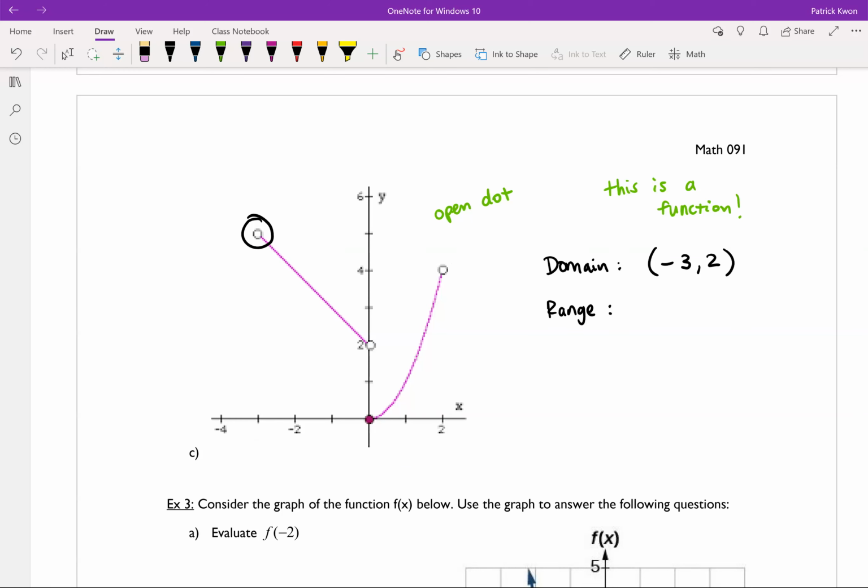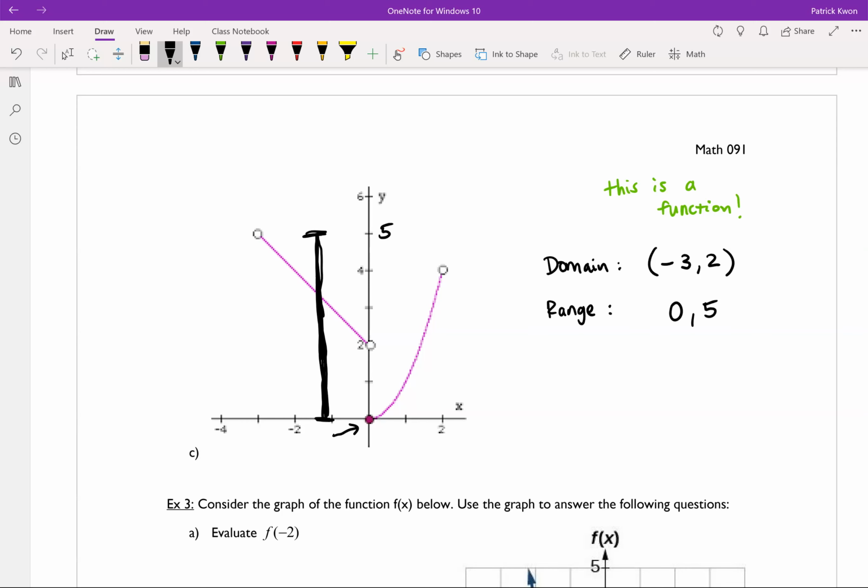So remember, range is the y values or the output values, and notice that the lowest y value is right here, and we're going all the way up to about there, and that y value there is 5, and it's covering all of the values in between. So our endpoints for our range are going to be 0 and 5.